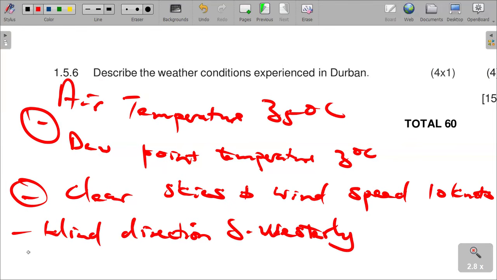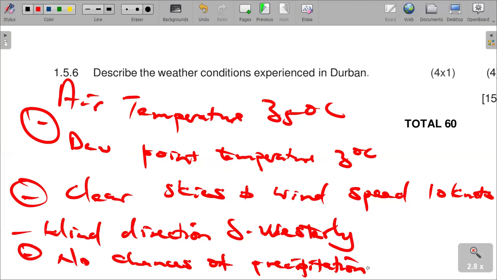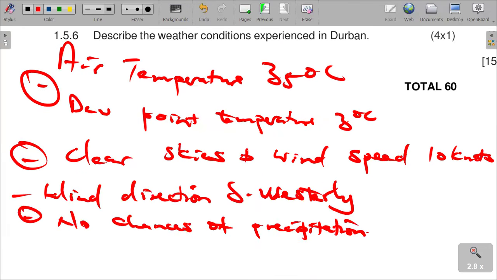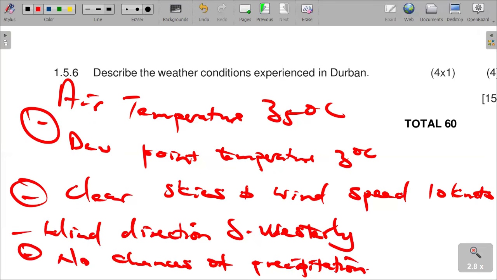And then finally, there are no chances of precipitation in Durban. These conditions are visible on the synoptic weather map. You are just reading the synoptic station that is given there: dew point temperature 3 degrees, clear skies and wind 10 knots.